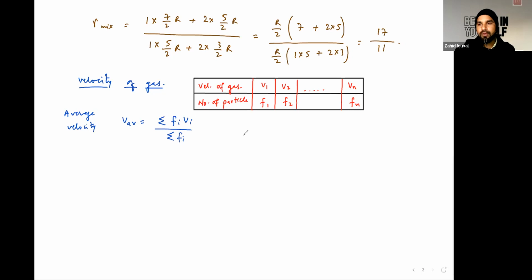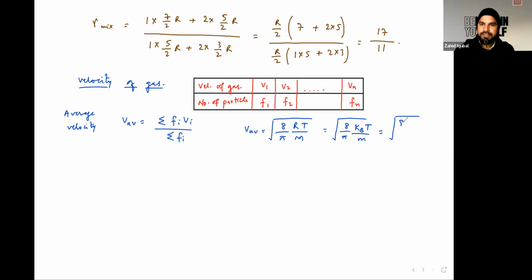But in terms of the whole volume, average velocity equals root under 8 by pi times R into T divided by M, which may also be root of 8 by pi in terms of kB T by m.